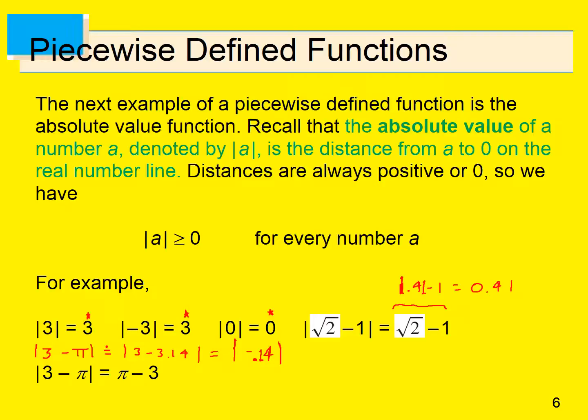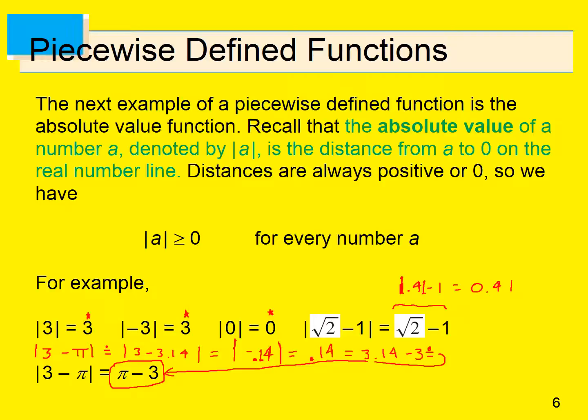Absolute value of negative 0.14, which is positive 0.14, which is the same thing as 3.14 minus 3, which is approximately equal to pi minus 3.